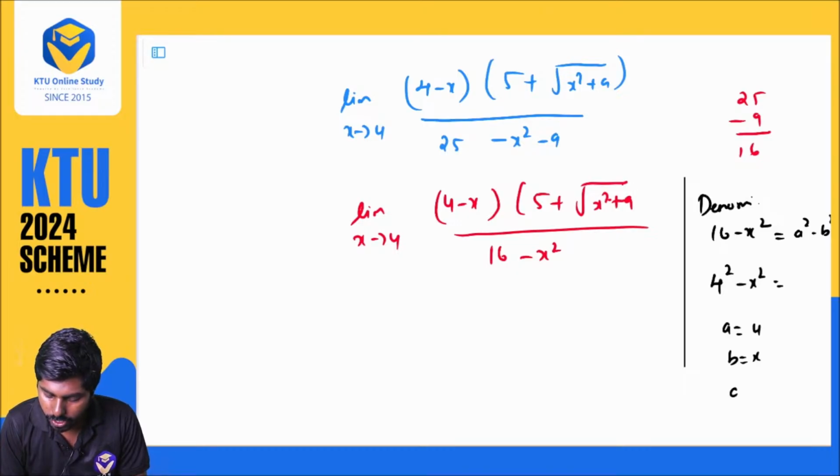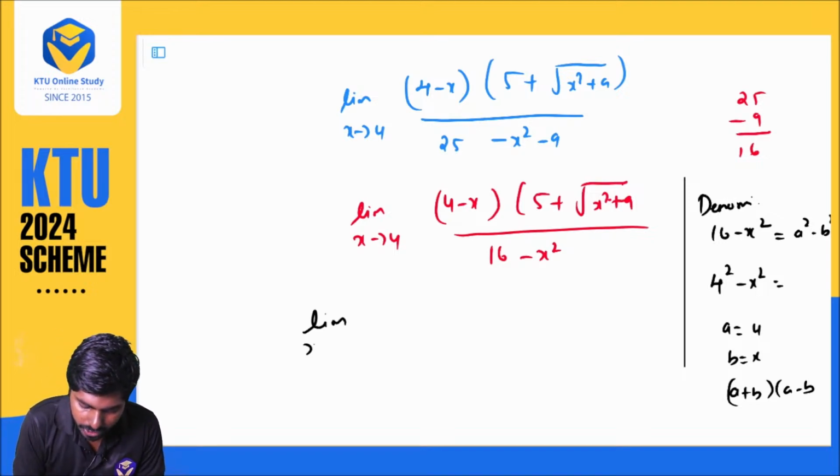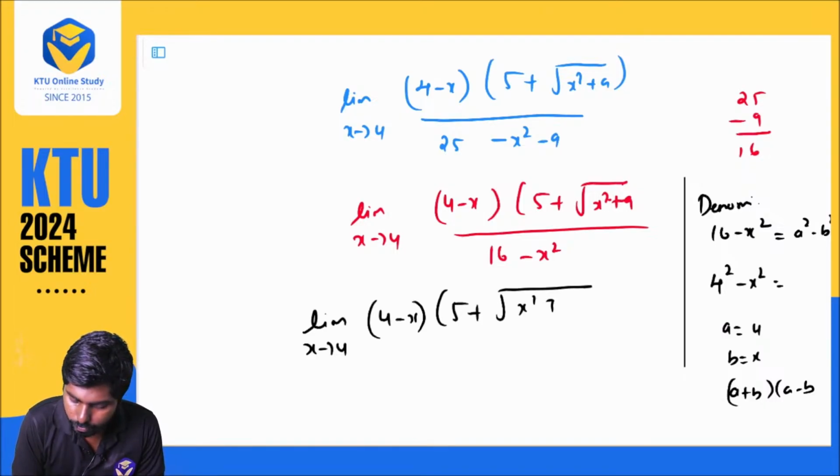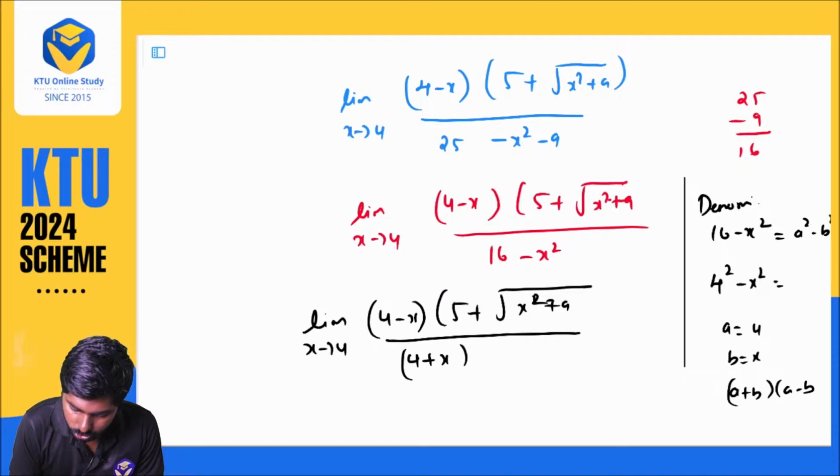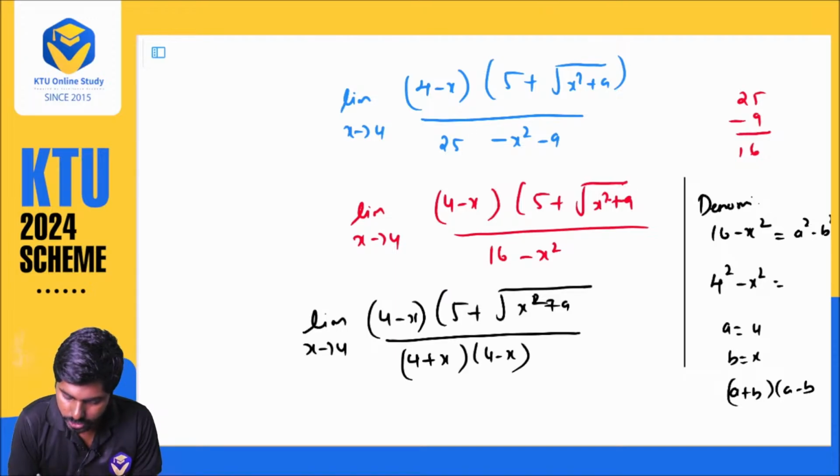So we can write a plus b into a minus b. So we can write limit x approaches 4, 4 minus x into 5 plus root x square plus 9 divided by 4 plus x into 4 minus x.